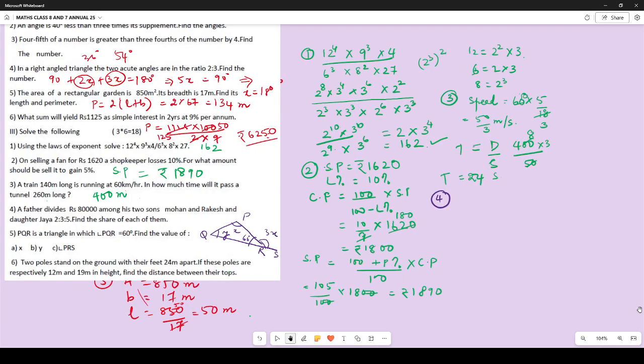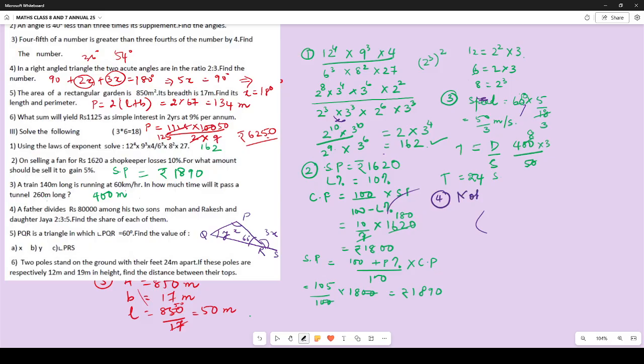So the father divides 80,000 rupees amongst his 2 sons and his daughter. So Mohan, Rakesh and Jaya, what is their share going to be like? Where is the cursor? I seem to lose the cursor.